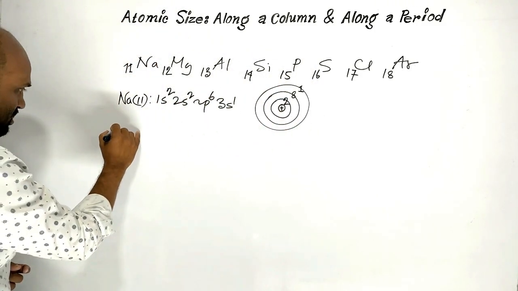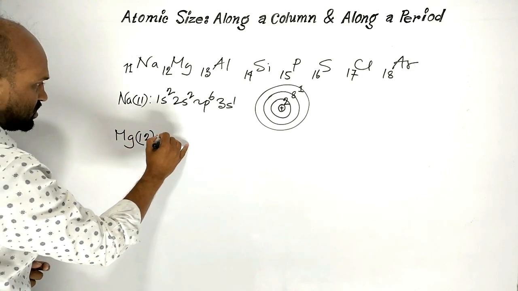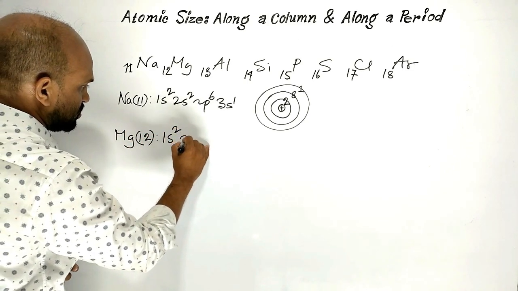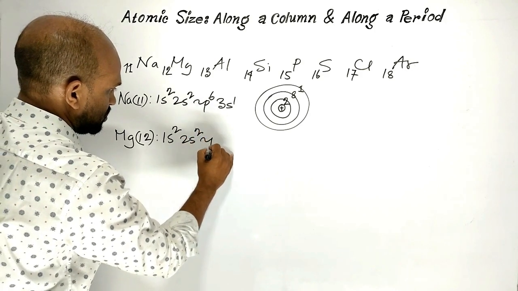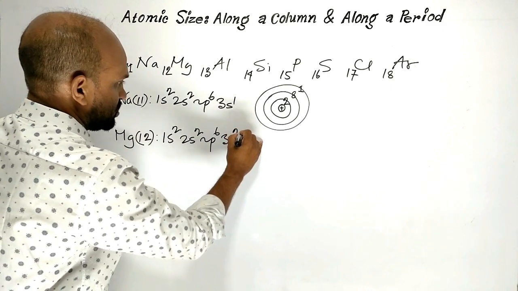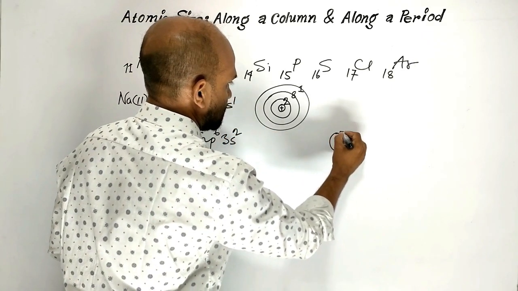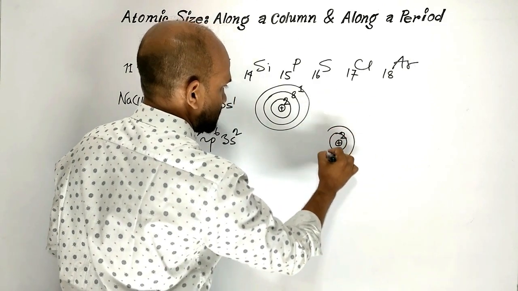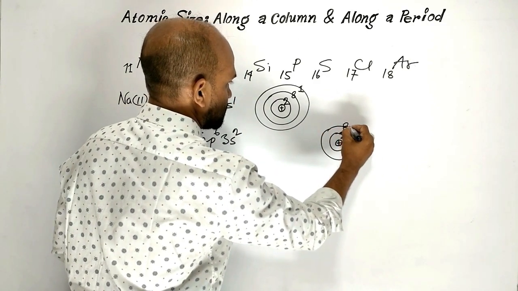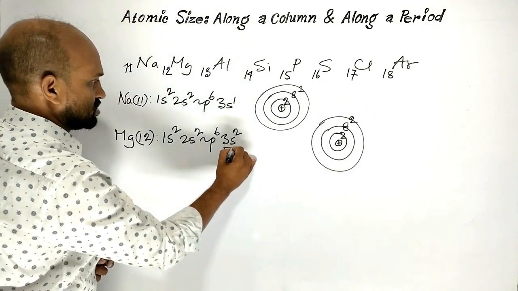Now let's see the electronic configuration of magnesium: 1s2, 2s2, 2p6, 3s2. That is here, the first shell has 2 electrons, the second shell 8 electrons, the third shell 2 electrons.